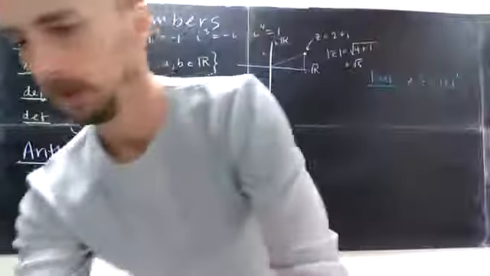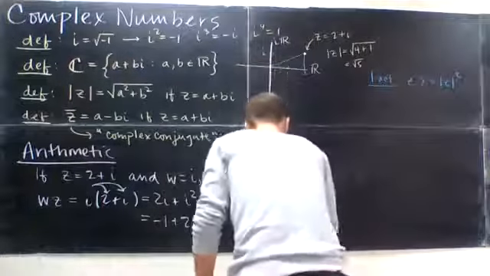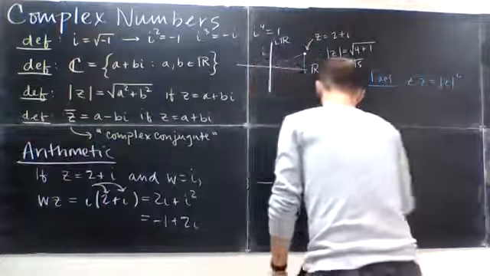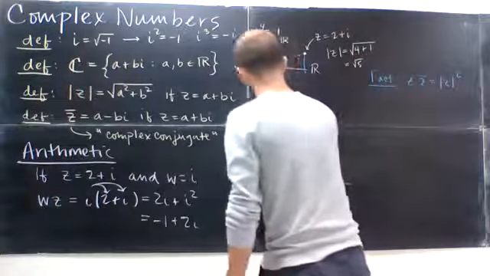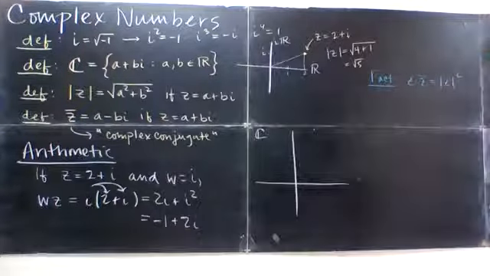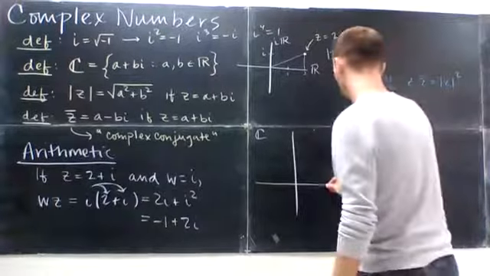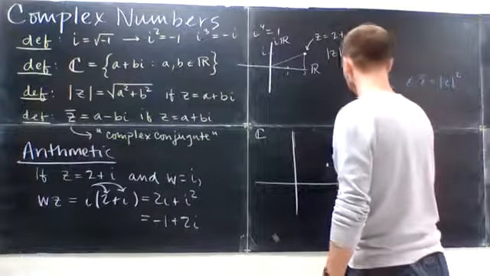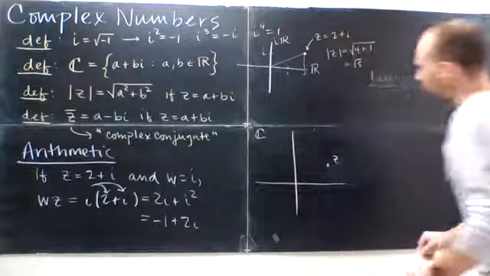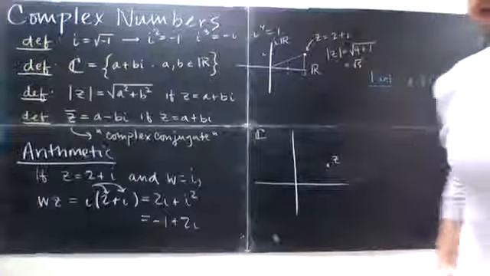So back to the multiplication I did, where I did z times w. All right, and here's my complex plane. So I know that z was out here. It was 2 and 1. And w was i, which is just right there on the imaginary axis.